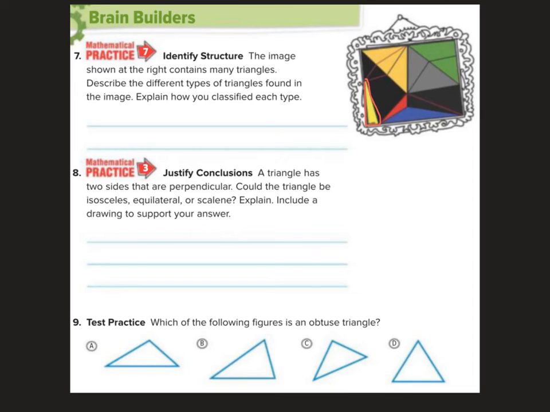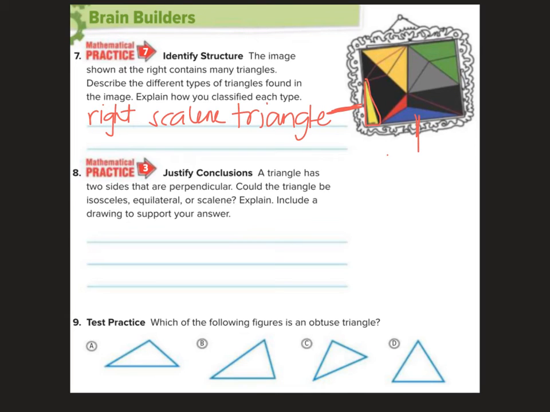This one, I would say, is a right scalene triangle. That's what I'm going with for that one. Maybe let's do this one right here.